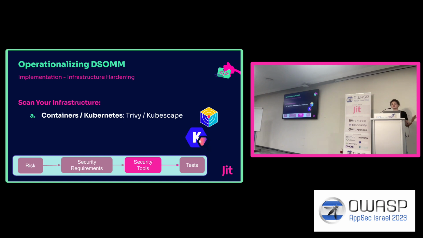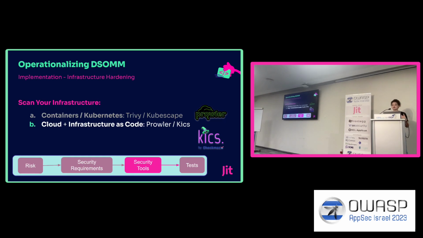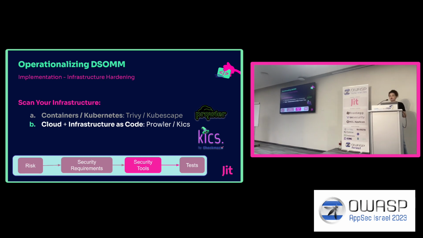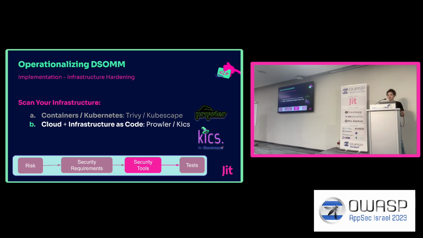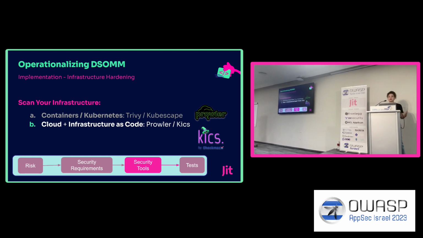For container scanning and Kubernetes scanning, we're using Trivy and Kubescape. For cloud security scanning, we're using Prowler, which supports AWS, GCP, and Azure. For infrastructure as code scanning, we're using KICS, which supports Pulumi, CloudFormation, AWS CDK, Terraform, Serverless, you name it.